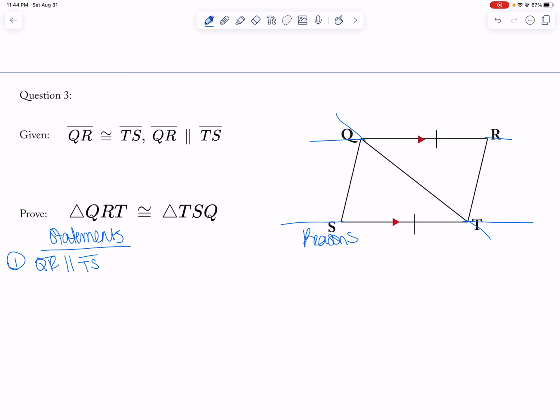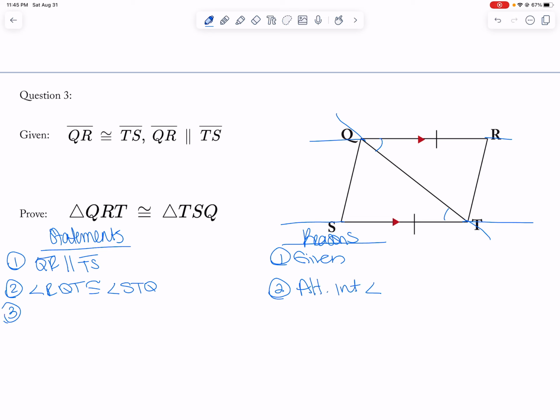So that means that I have some alternate interior angles. So angle RQT is congruent to angle STQ. Sorry, this one was given. This is alternate interior angles.